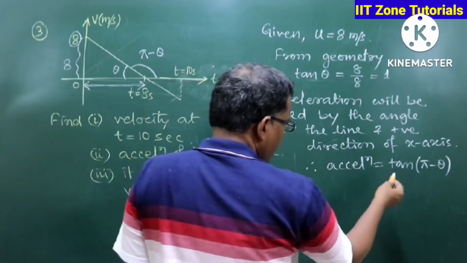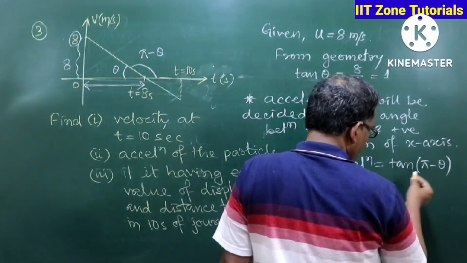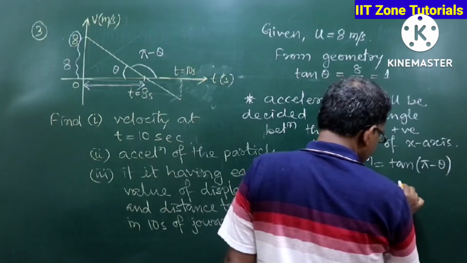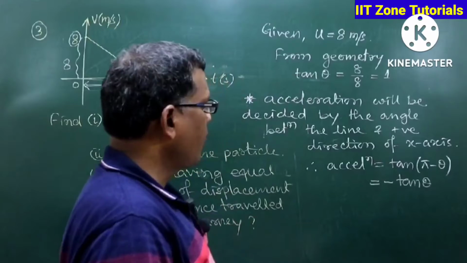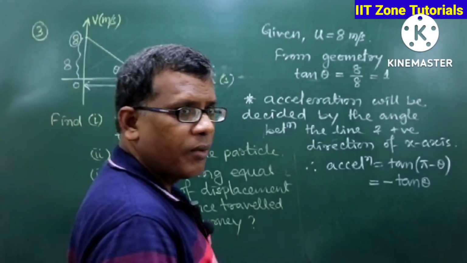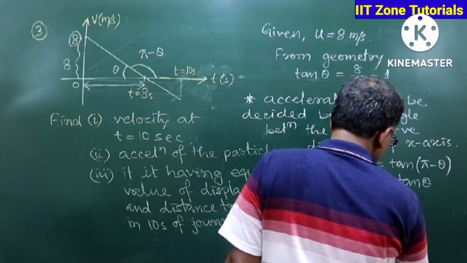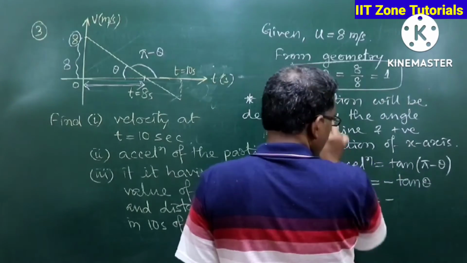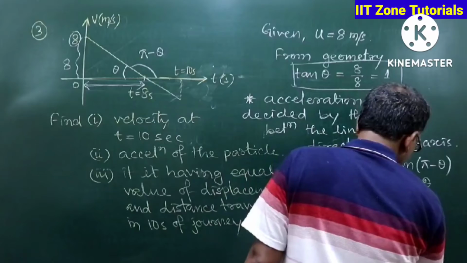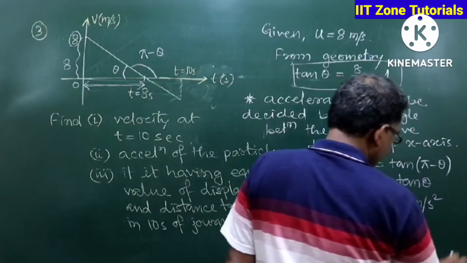So that will be tan pi minus theta, and trigonometrically tan pi minus theta is minus tan theta. Since tan theta is 1, the value of acceleration is minus 1 meter per second square.